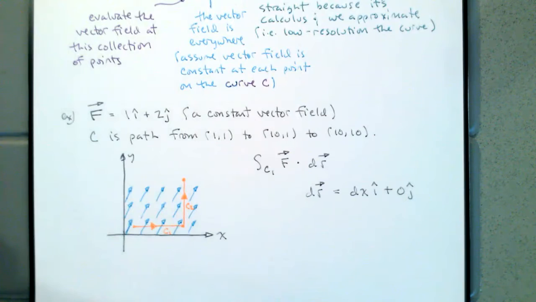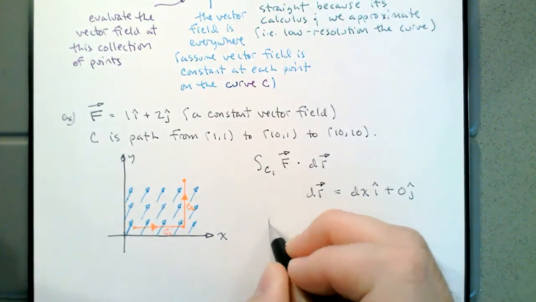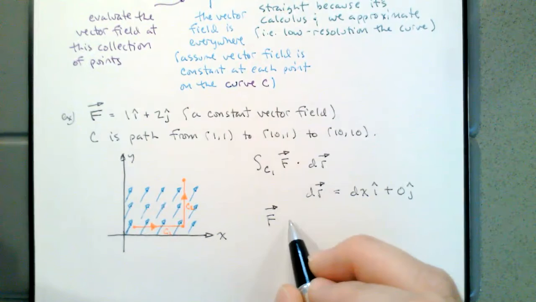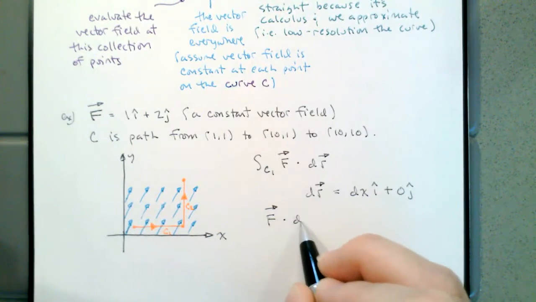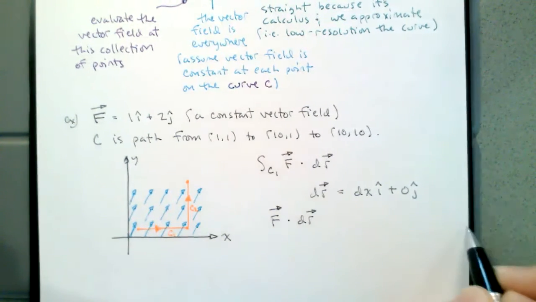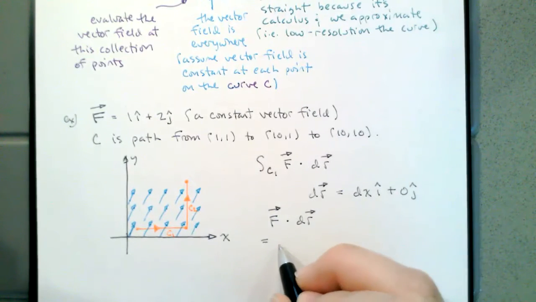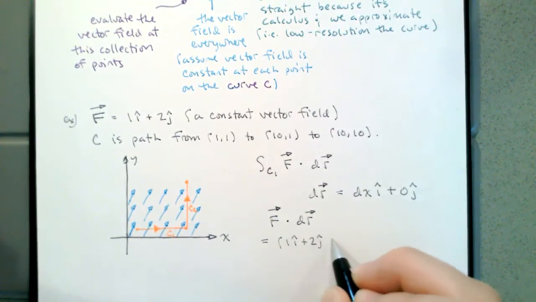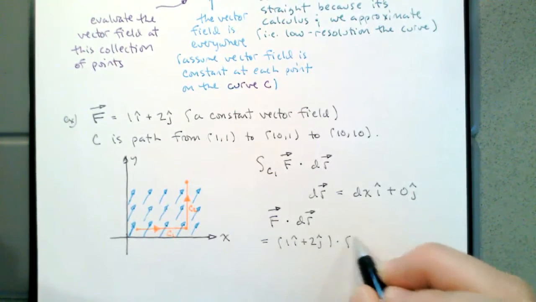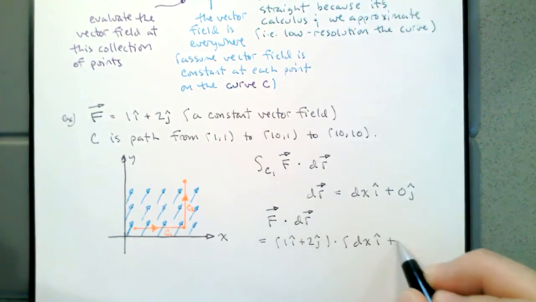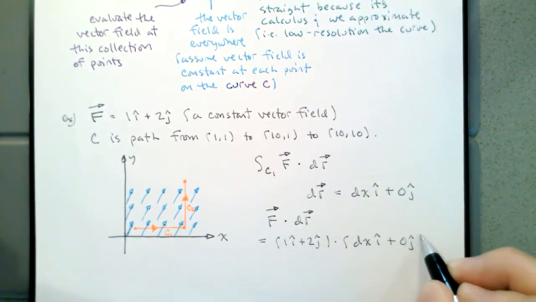The vector field f is just 1i plus 2j, and we're going to make the dot product with dr. I didn't give myself enough space. There's f, and I make the dot product with the dr, which is just dx i plus 0j.